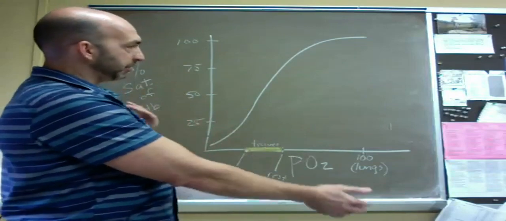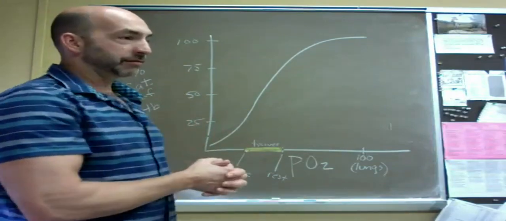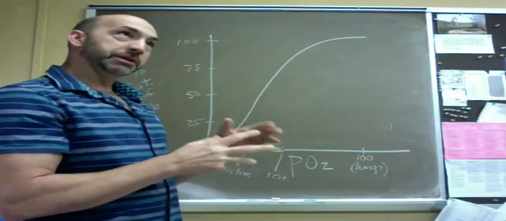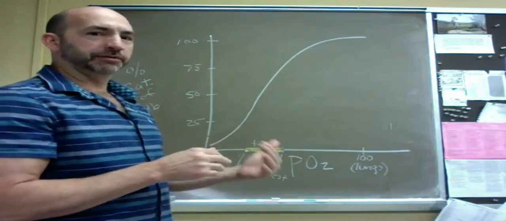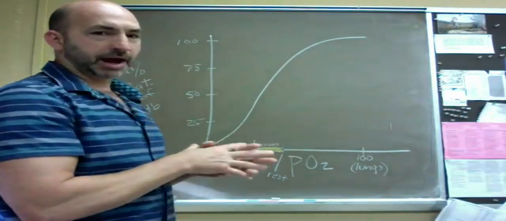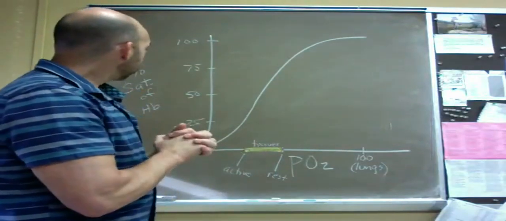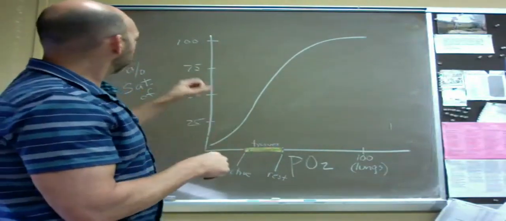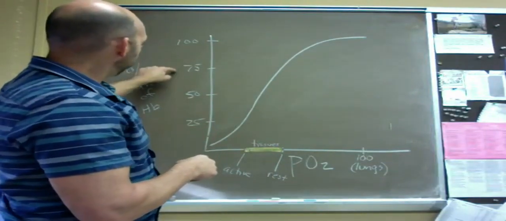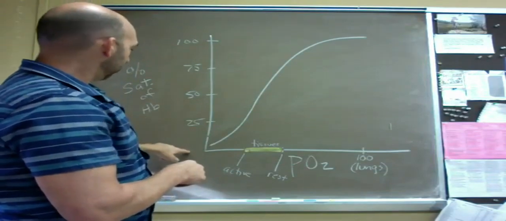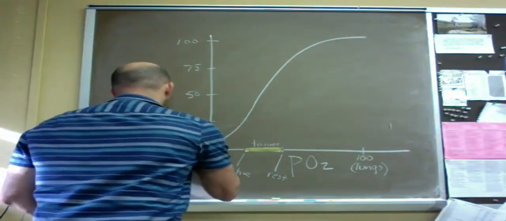Remember, this is an experimentally derived graph. We use it to explain the physiology, but it's not truly physiological. We don't slide up and down the graph. Any individual hemoglobin molecule can only be 100%, 75%, 50%, 25%, or 0% saturated.